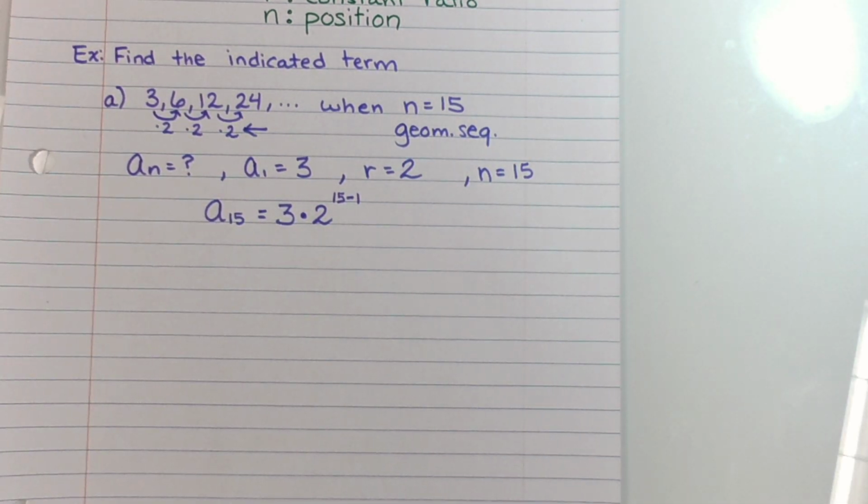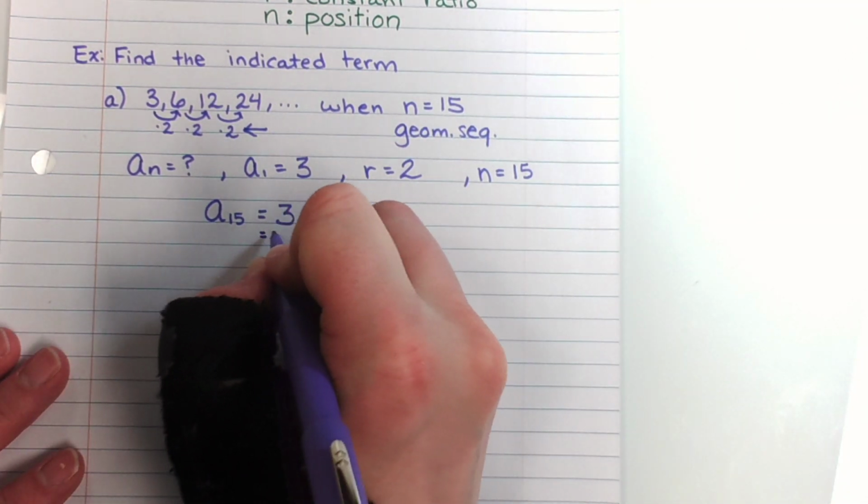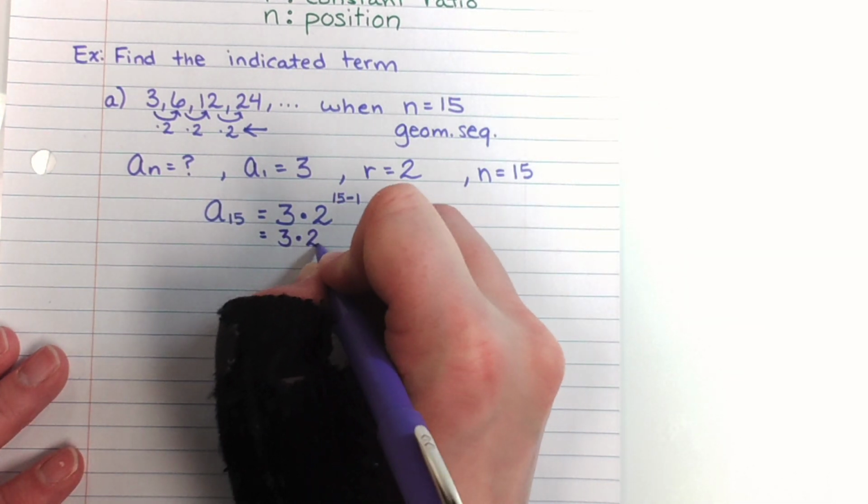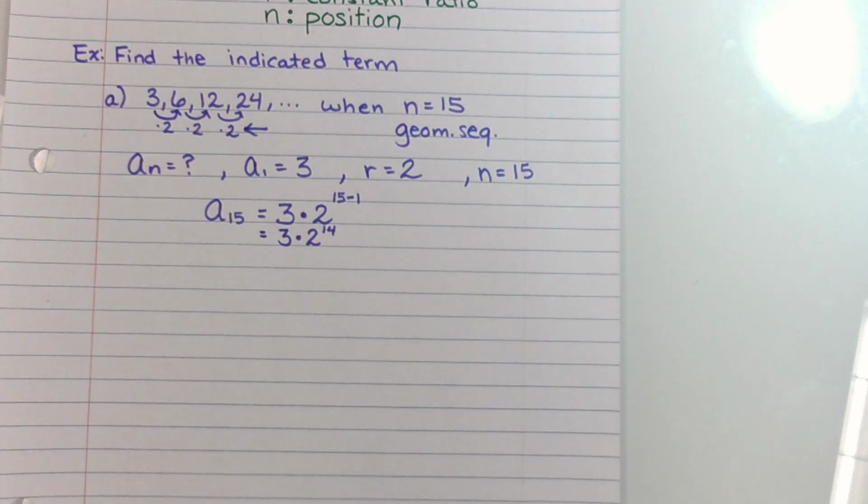15 minus 1. Now, in order to find this, the biggest issues that I see with this is people following order of operations incorrectly. Order of operations starts with parentheses or groupings, technically. There isn't something that's grouped in this problem. The exponent is grouped. If you're going to do this in pieces, that piece absolutely has to go first. If you're going to type this into your calculator, you have to be careful to make sure the calculator does that first, because the calculator will not always interpret it that way.